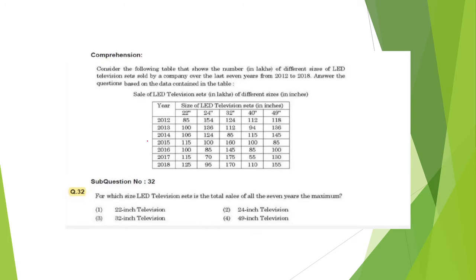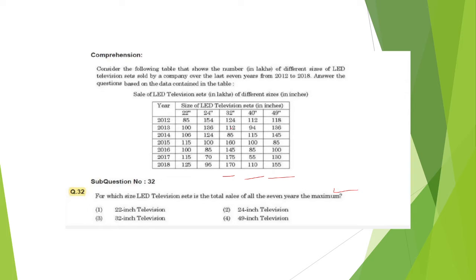For which size of LED television sets is the total sales of all the 7 years maximum? Same, but we have to do the total for all the 7 years: 22 inches, 24 inches, 32 inches, 42 inches, 49 inches. Before that, try to eliminate some of the televisions which are minimum.